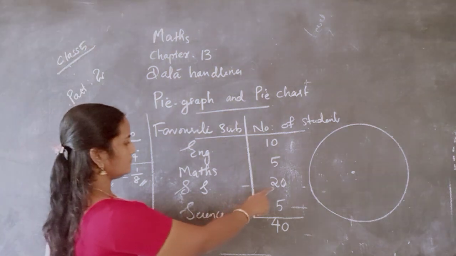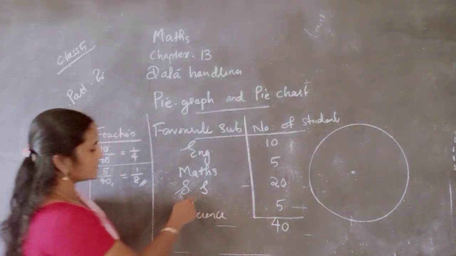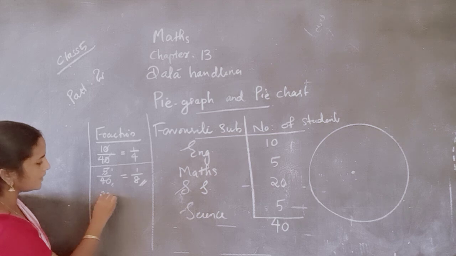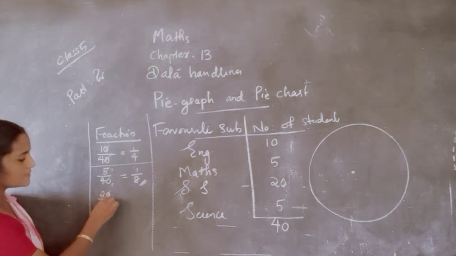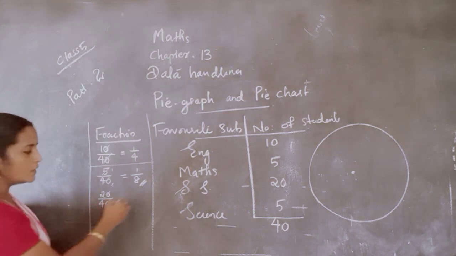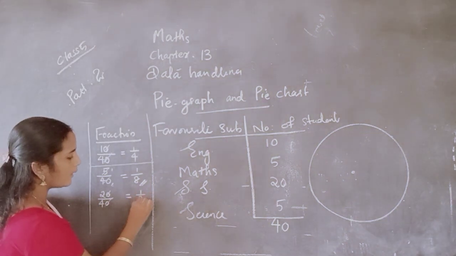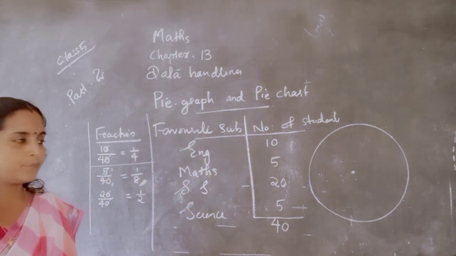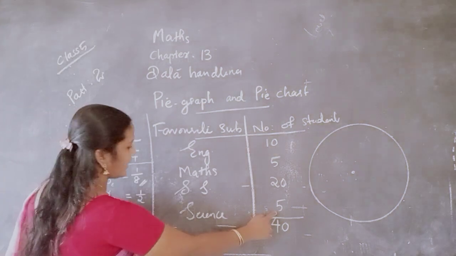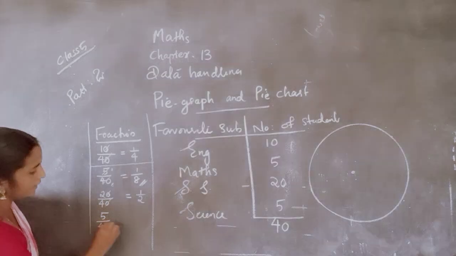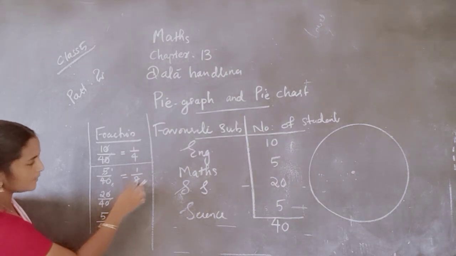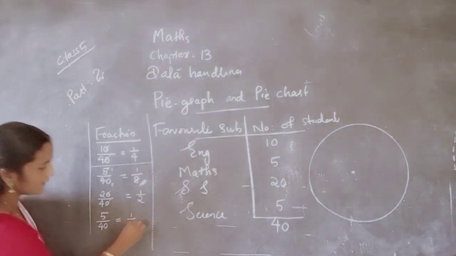Then 20 students like social science, that is 20 by 40. Zeros cancel, then 2 twos are 4, so we get 1 by 2. Then the last number is 5, so 5 divided by 40 gives the same as the second one, 1 by 8.